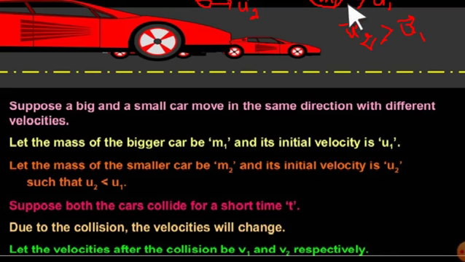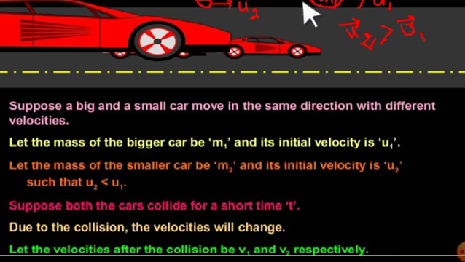In simple language, the bigger car moves slow, whereas the lighter, smaller car moves fast. So u2 is greater than u1. Let's take it that the smaller car and the bigger car collide.